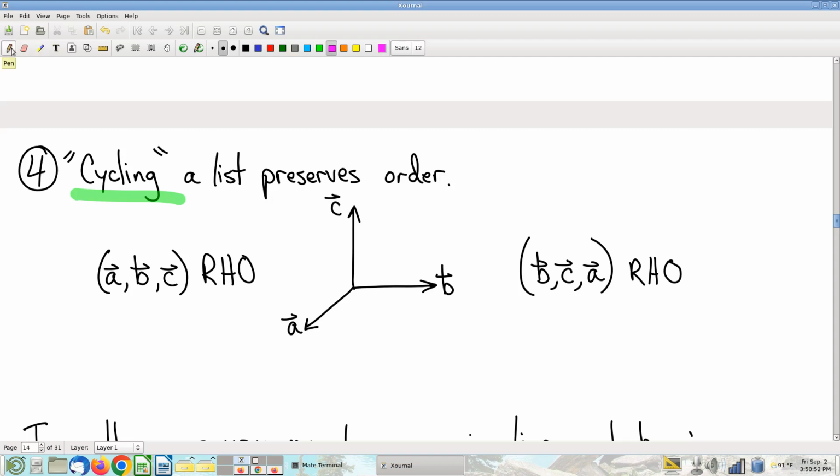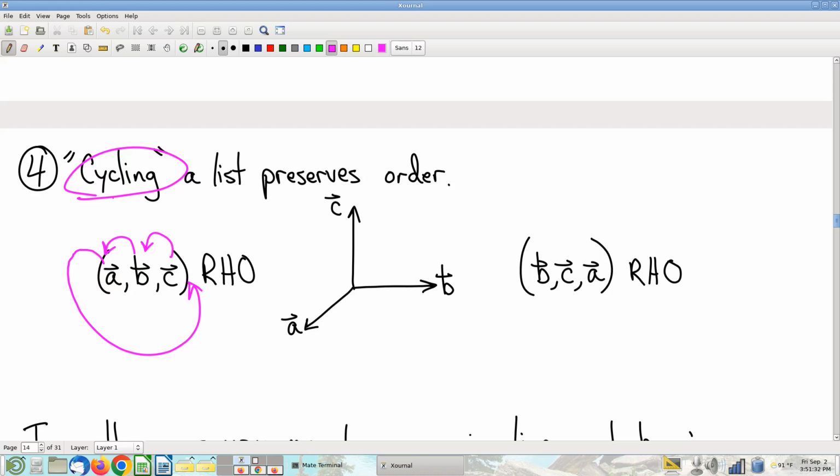Cycling, for example, if you were to take the third vector and put it in the second place, take the second vector and put it in the first place, take the first vector, which falls off the end, and put it back over at the other end there. So this is called cycling. And it preserves the order. So the hand-waving demonstration I'll make of this is there's ABC, A first, B second, C third.